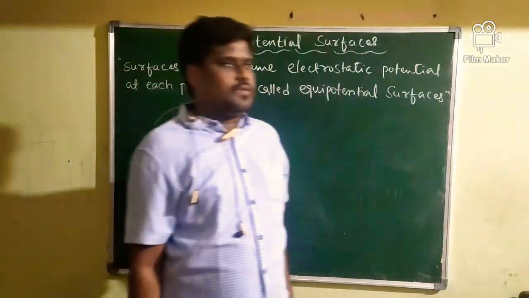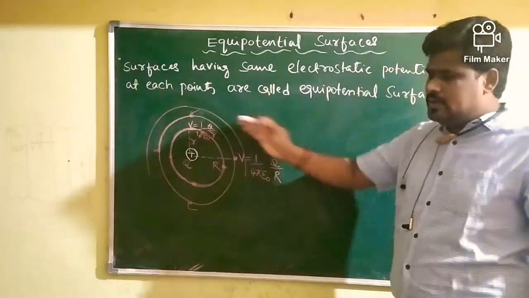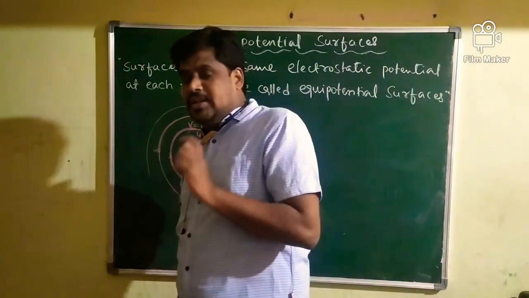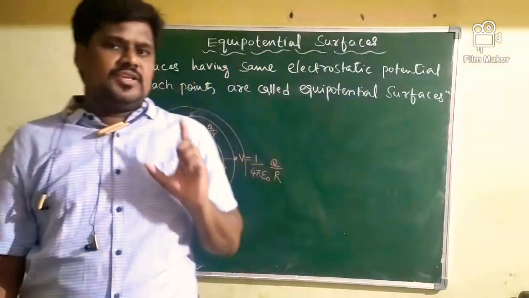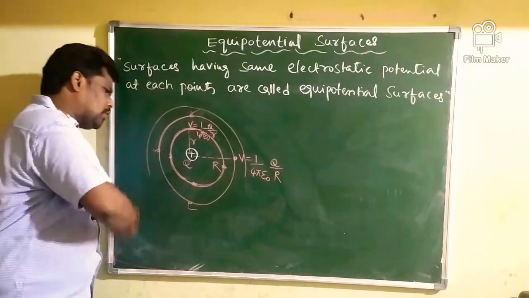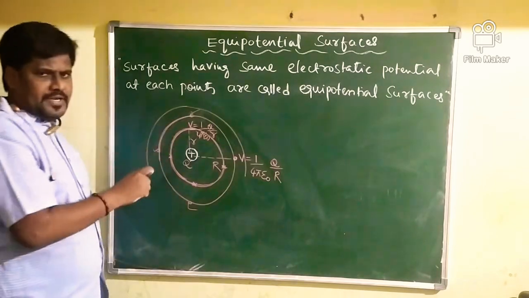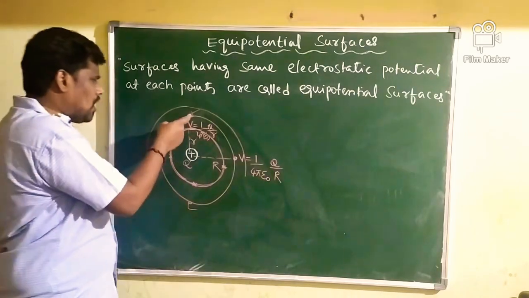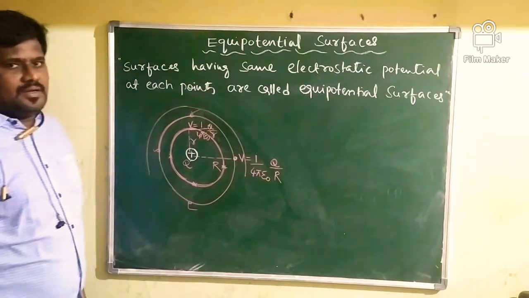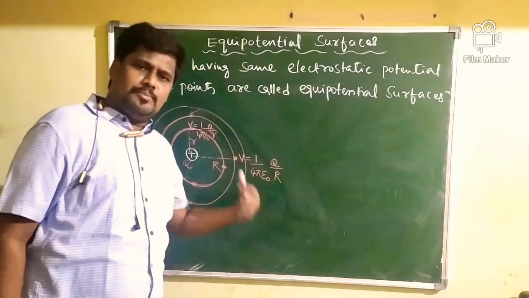What is the nature of the equipotential surface for a given single point charge? It is a concentric sphere. If you keep on drawing concentric spheres, on whatever sphere you consider, all the points have the same value of electrostatic potential.